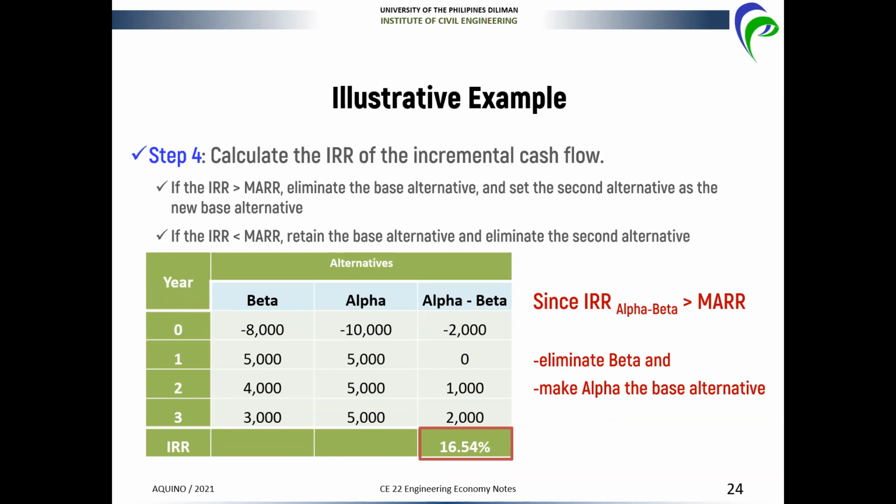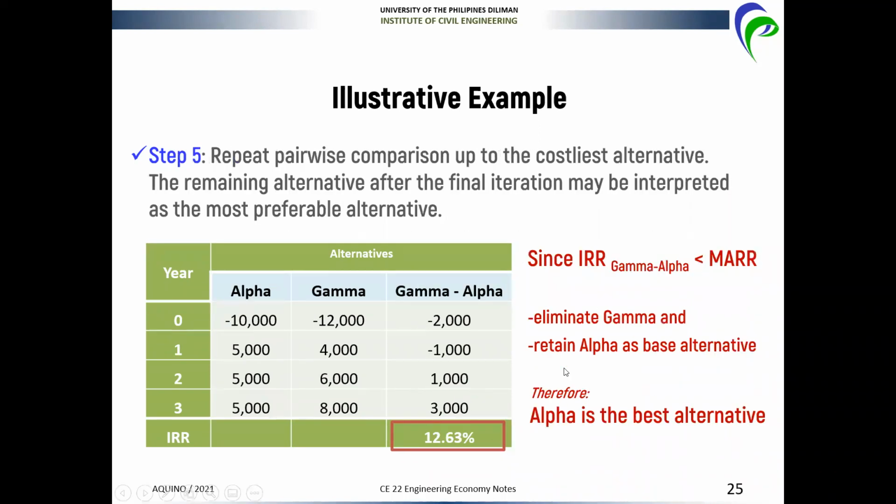Ang reason behind that is yung gagastusin mo na additional, hindi siya worth in terms of its economic returns. Okay? So, uulitin natin pairwise comparison hanggang makaabot tayo sa costliest alternative. So, for instance, na-eliminate na natin si beta, we have alpha as the base alternative, and si gamma na yung kasunod na i-evaluate natin.